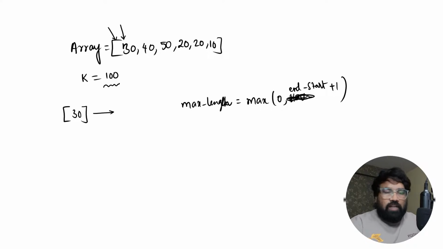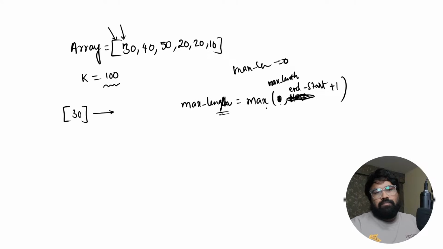What it means is you always try to store the maximum value of end minus start to the max length. So instead of 0, I will place max length, and initially I will take max length is equal to 0. Is 30 equal to 100? No. So this is not your answer.